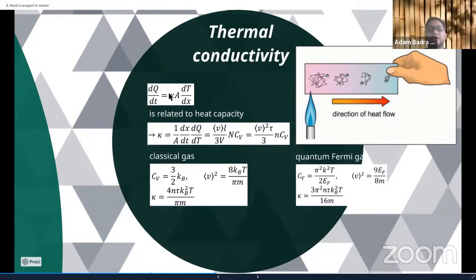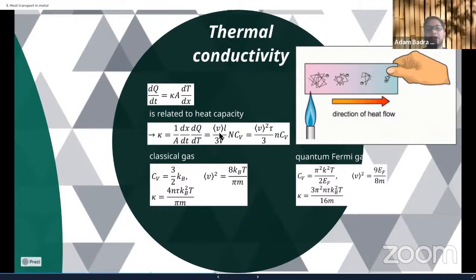So now we can manipulate this equation again, like in the electric conductivity. We find that kappa is 1 over A, dx per dt, dQ per dt, equal to V L over 3, where V is the average velocity divided by 3.